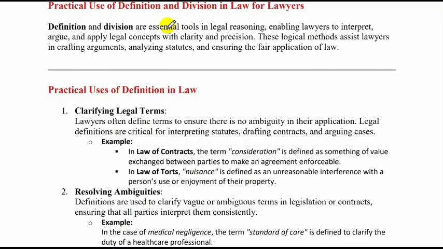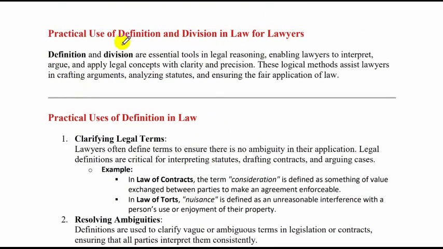Practical use of definition and division in law for lawyers. If you want to skip this part, because this would be going into more detail now, you can. Otherwise, you can continue listening. Here I'm trying to explain both the definition and the division parts.